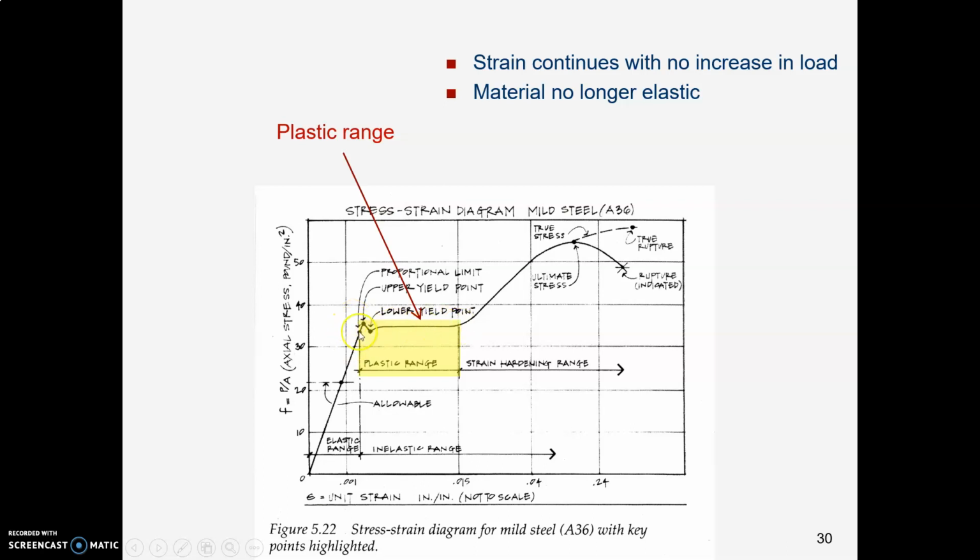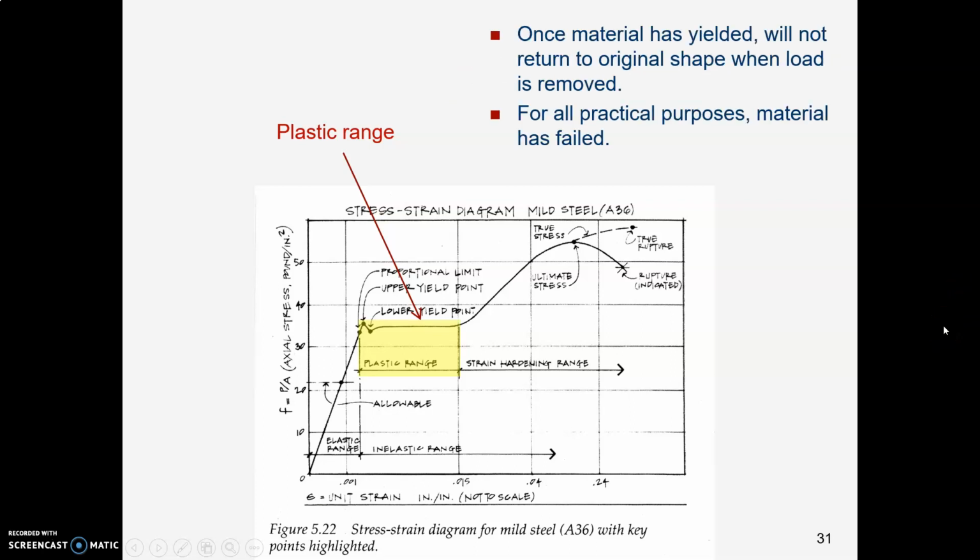In the plastic range, it keeps straining, keeps stretching with no increase in load, and the material is no longer elastic, it is now plastic. And once the material has yielded and gone into the plastic range, it will not come back. And for all practical purposes, that material has failed.